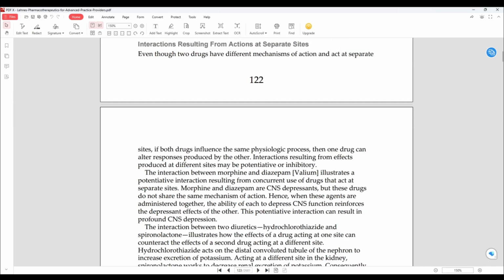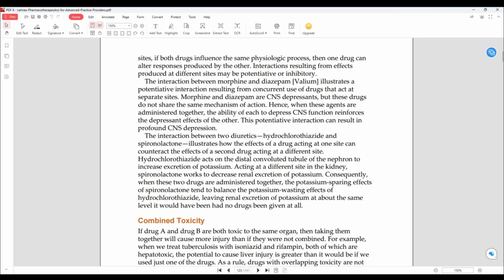Interactions resulting from actions at separate sites. Even though two drugs have different mechanisms of action and act at separate sites, if both drugs influence the same physiologic process, then one drug can alter responses produced by the other. Interactions resulting from effects produced at different sites may be potentiative or inhibitory.